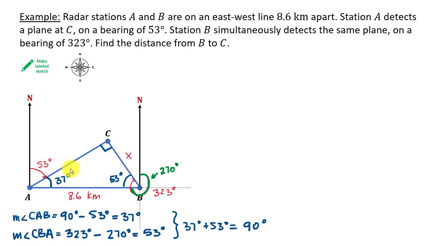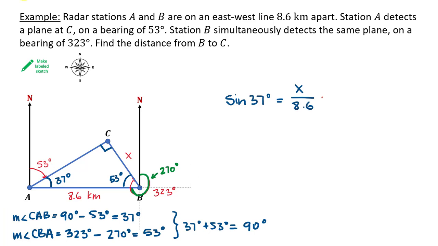So let's say we choose the angle that measures 37 degrees, angle A. And for that angle, X is the opposite side. So since we have the opposite side and the hypotenuse, we have to use the sine function. So sine of the 37-degree angle equals the opposite side, which is X, over the hypotenuse, which is 8.6.